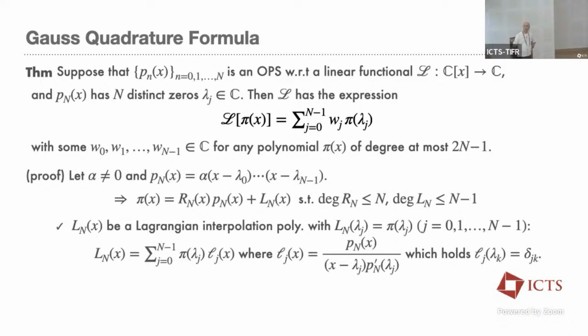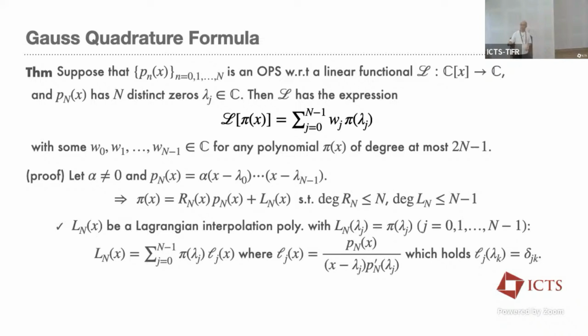The Lagrangian interpolation polynomial is defined by using this condition. Of course, L_n is at most a degree N minus 1 polynomial, so this condition will fix all the coefficients. The expression is also known in this way. In this case, pi(lambda j) is the value of pi(x) where x is lambda j.